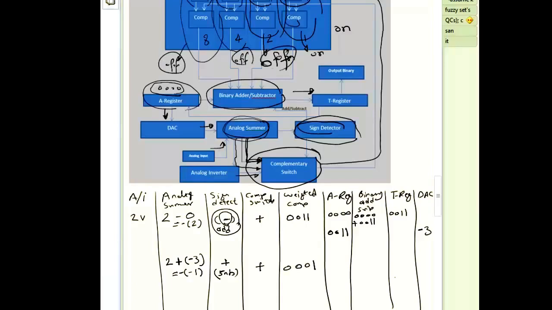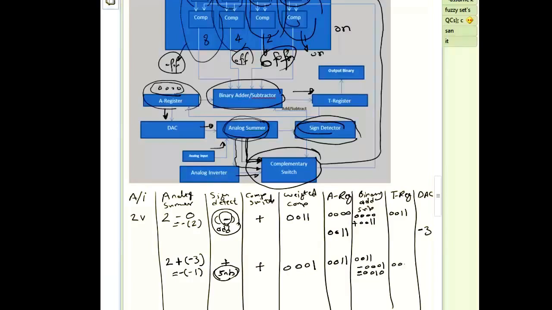This feeds to the binary adder subtractor, and the A register contains 0011. The operation is subtract: subtract the content of the A register, which is 0011, from 0001, the value suggested by the weighted comparator, and this gives 0010, and we put this to the T register.